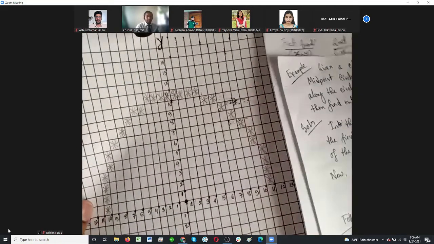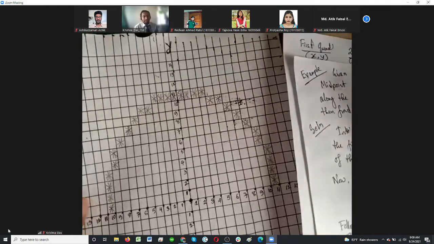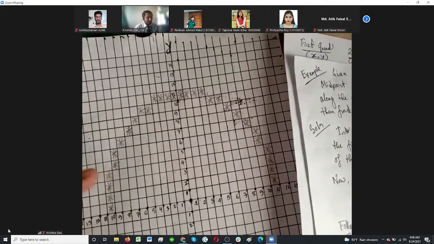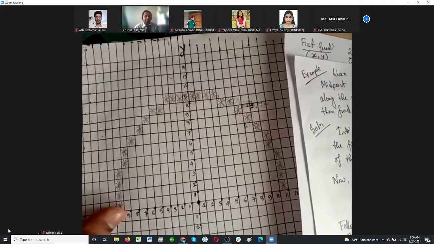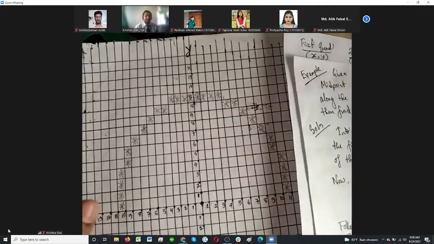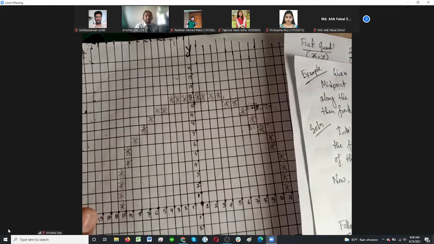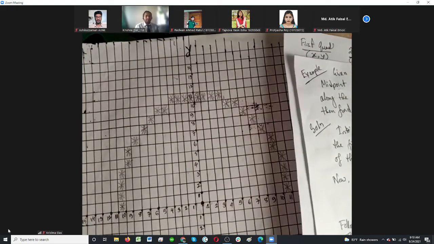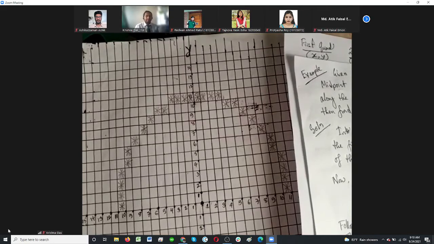Is there anyone here that you can remember that you made a mistake on the graph in the midterm? Can you identify that you made a mistake maybe? Yes, sir, the plotting the graph maybe. I told you that yesterday as well, I really feel bad.